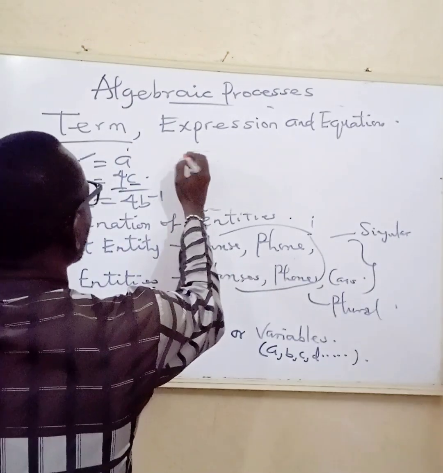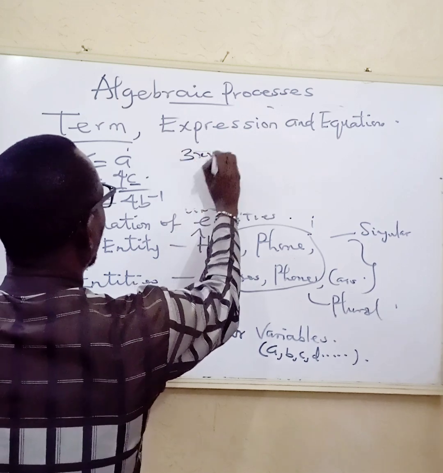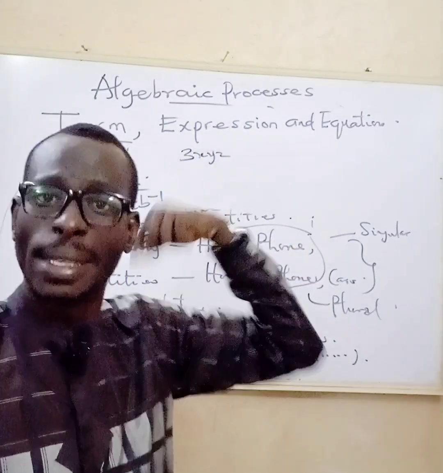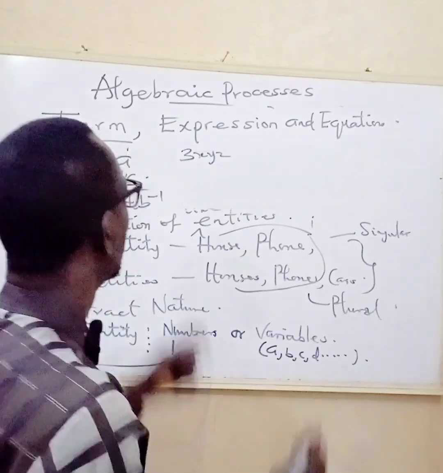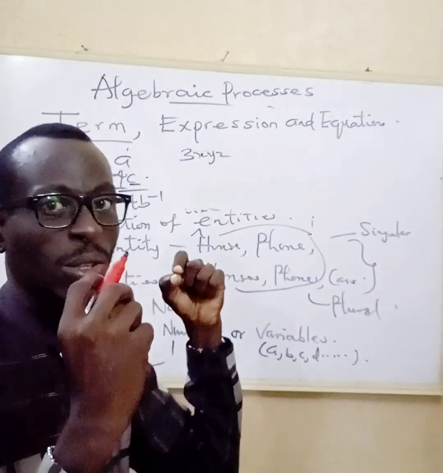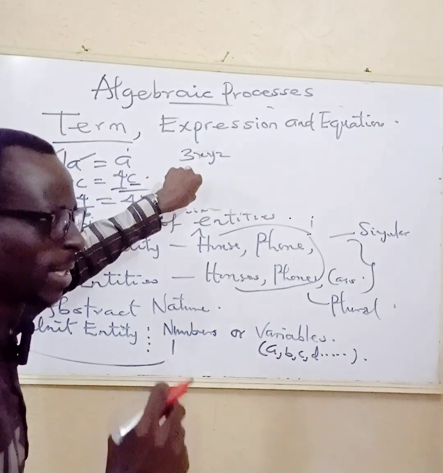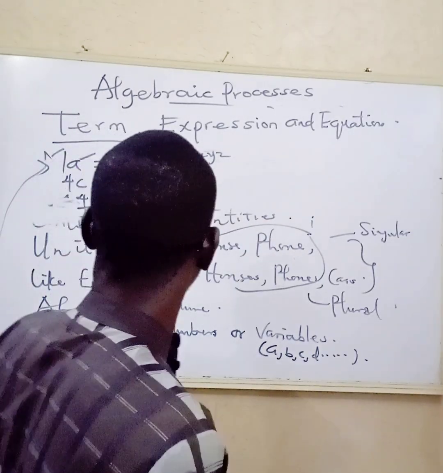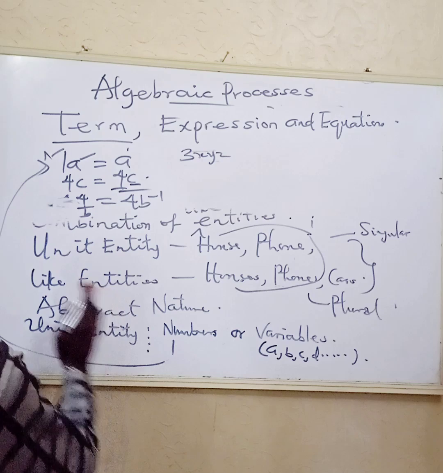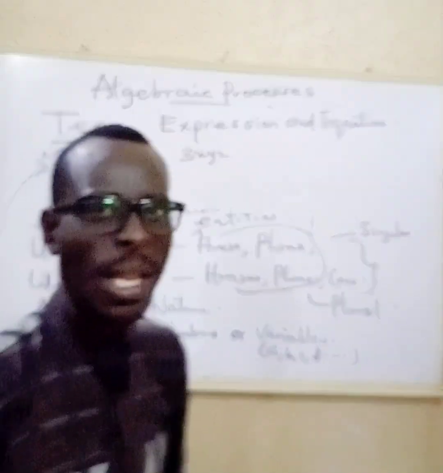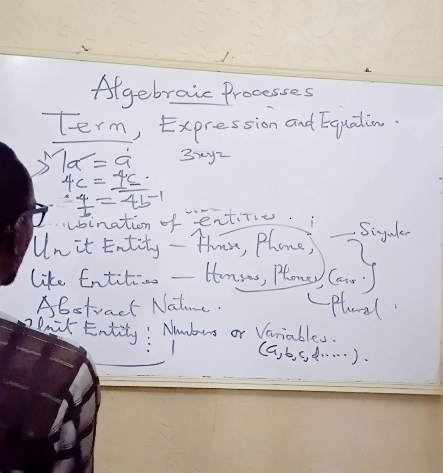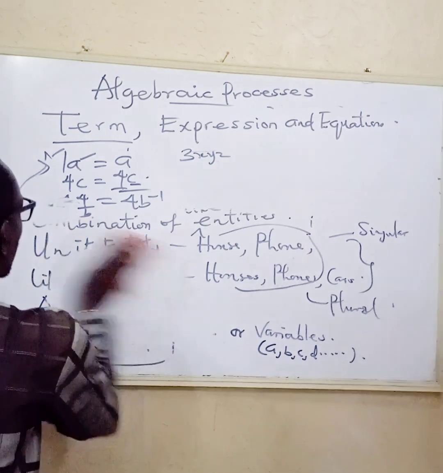When we have 3xyz, 3xyz is still a term because there is an operator multiplication on the numbers and the variables. And that is that about the abstract nature. Let us consider the concrete nature.